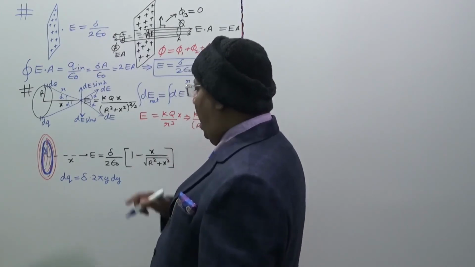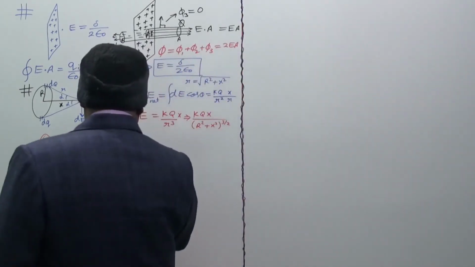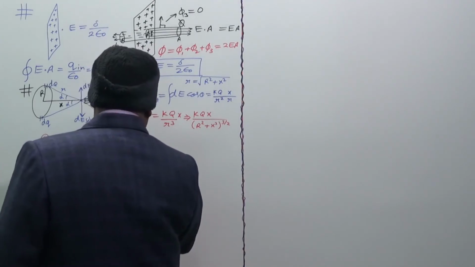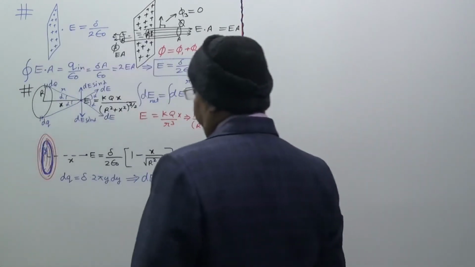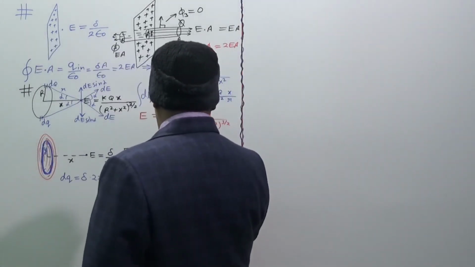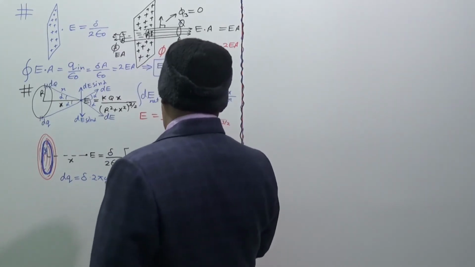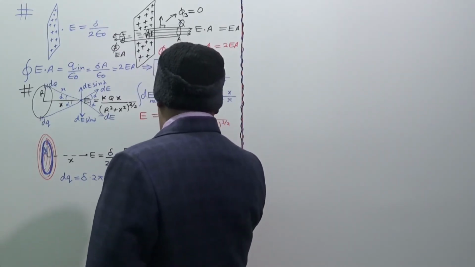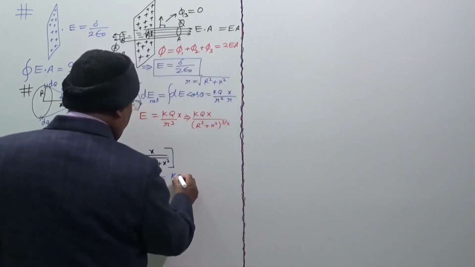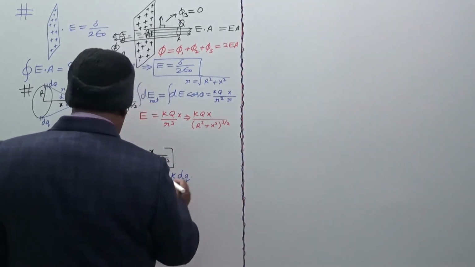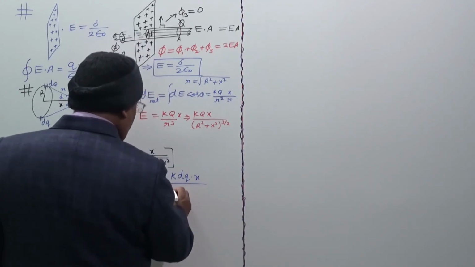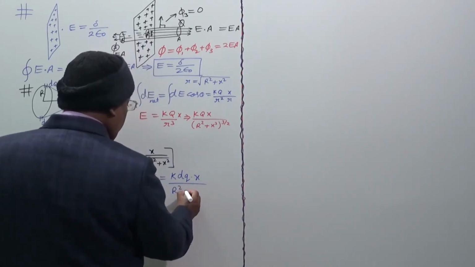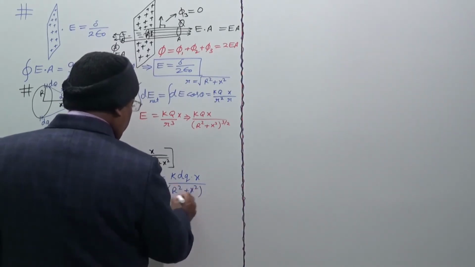So due to this charge at this point, electric field will be dE is equal to, applying this, K dq x upon (r square plus x square) power 3 by 2.